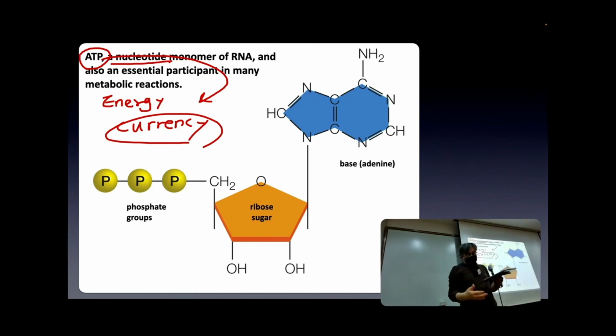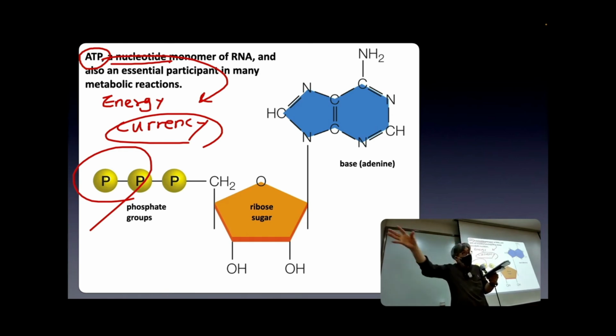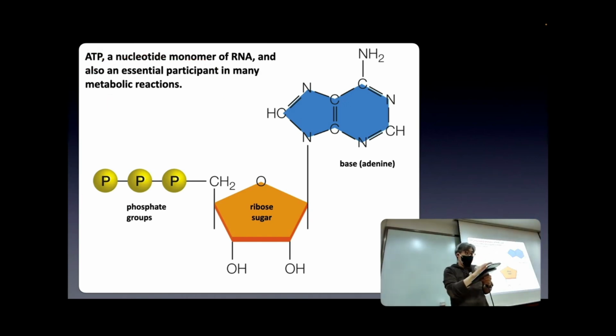How do you actually use this ATP as an energy currency practically? You break this thing, and the energy will be released. You just clip one phosphate off, instead of two as in the case of building nucleic acid. So if you clip off this phosphate in the ATP, then it will become what?